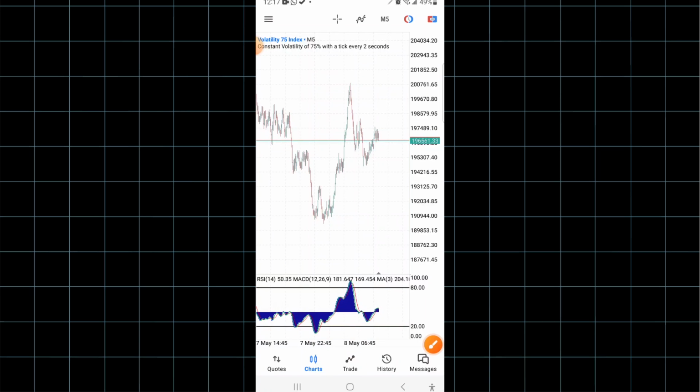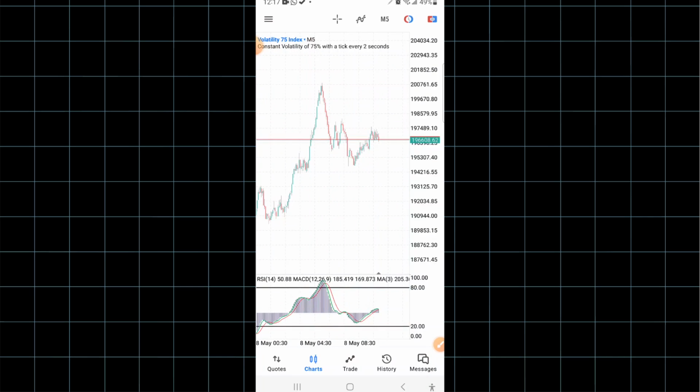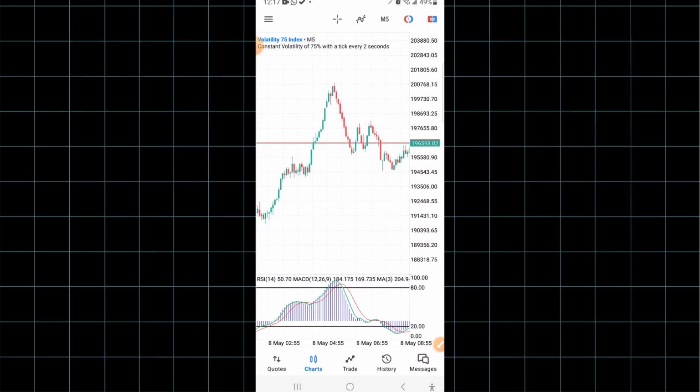Once that happens, zoom out a little bit, and then you want to wait for the crossover of these two lines, the green line and the red line. Remember, the green line is the moving average and the red line is the MACD.